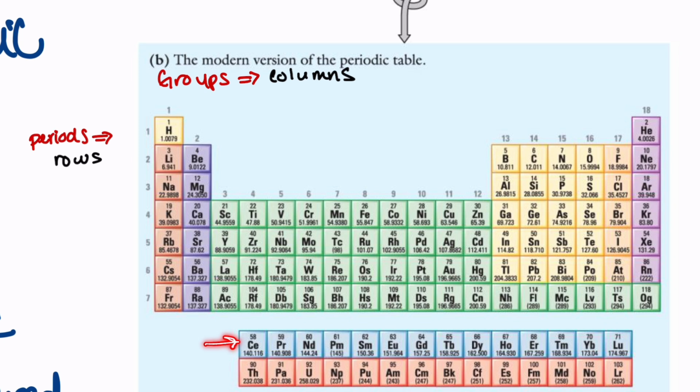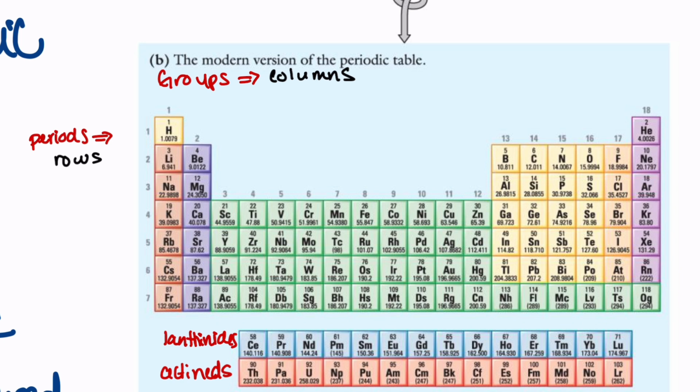These are classified as the lanthanides. And after the actinide, we have this group here. So we have the lanthanides and the actinides down here. A lot of times the first one will be referred to as the lanthanide series, and the second one will be the actinide series.